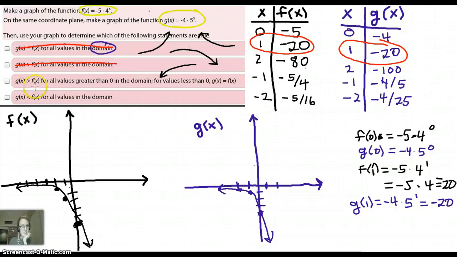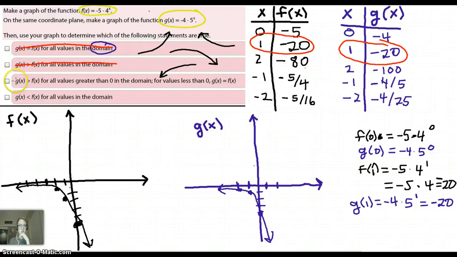Okay, let's see. G of x is bigger than f of x for all values greater than 0 in the domain, and for values less than 0, g of x is equal to f of x. That's not true, because of the same reason here. For all values greater than 0 in the domain, well, 2 is greater than 0, and remember, f of x is bigger in this case.